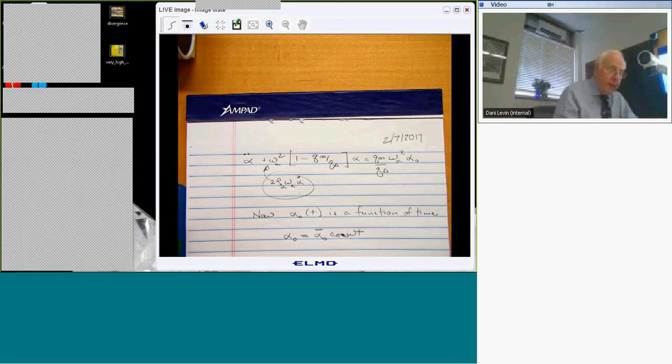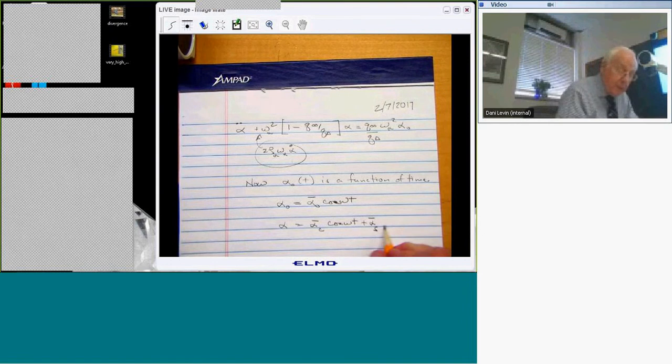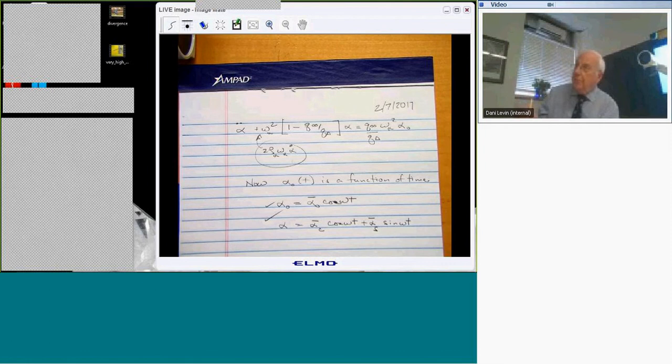And then I'm going to let alpha be alpha bar c cosine omega t plus alpha bar s sine omega t. Because it's a linear system, I know that the frequency of the input is the same as the frequency of the output. Nothing else can happen. But I do need to allow for the fact that there's a phase shift between the input and the output.